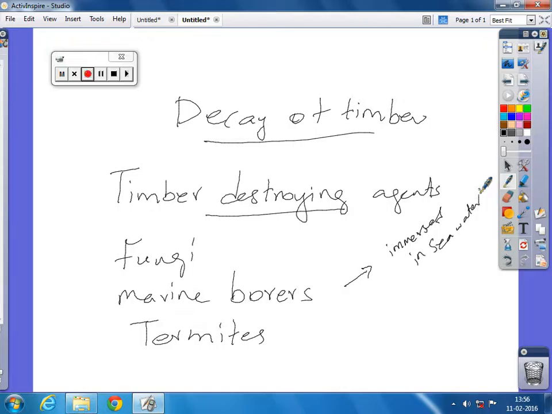Fungi develops in damp places. Do you know damp places? Wet places? Where you won't find any water, but you find some cold, and you won't be comfortable being there. Usually underground. So fungi is more destructive. Fungi develops in damp places.